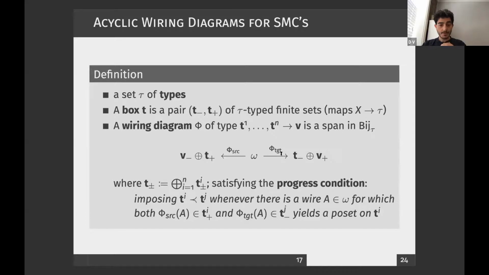Furthermore, we stipulate the progress condition. We write Ti strictly precedes Tj whenever there's a wire A for which the source lands in the box Ti and the target lands in the box Tj. And we want this to yield a valid poset on the Ti, not a preorder, a poset.